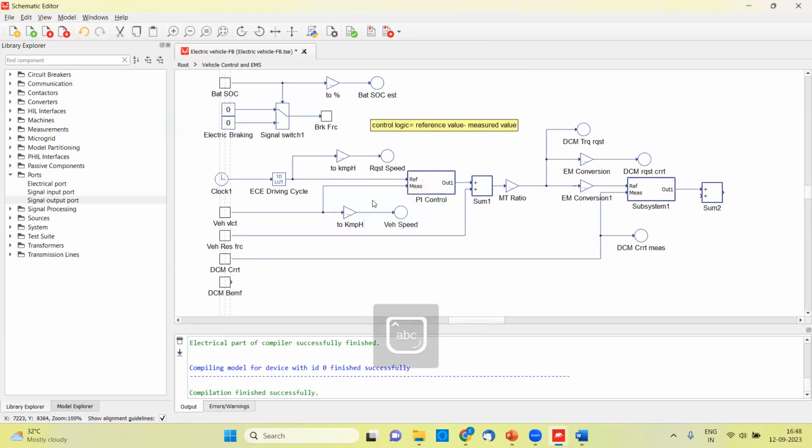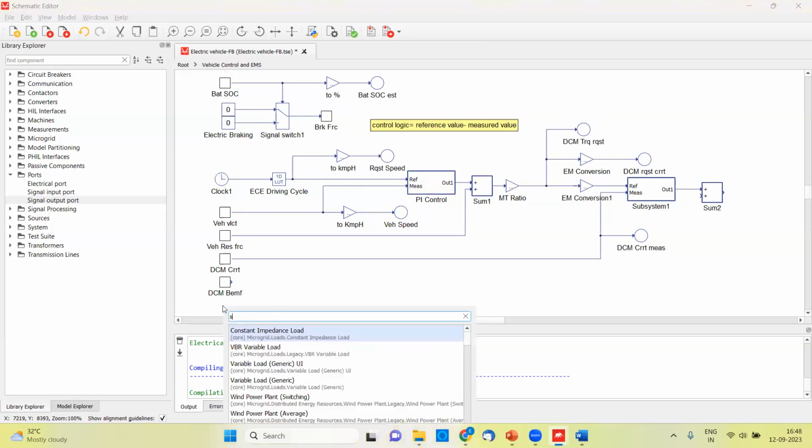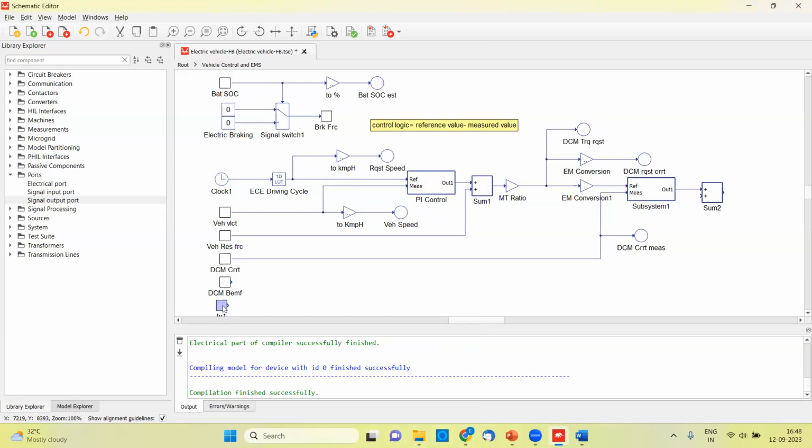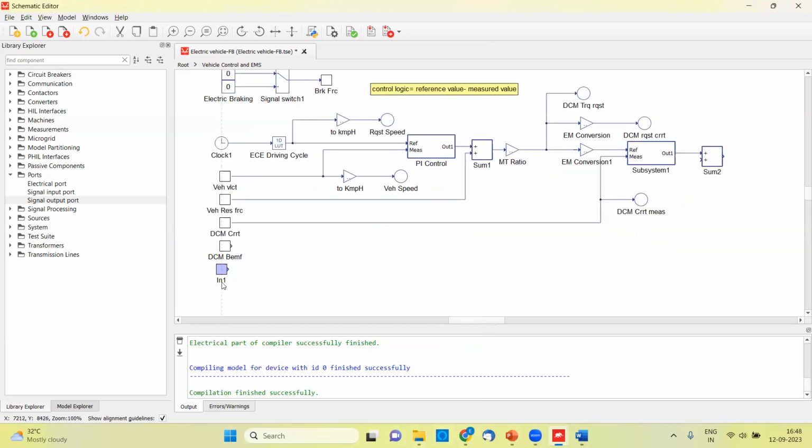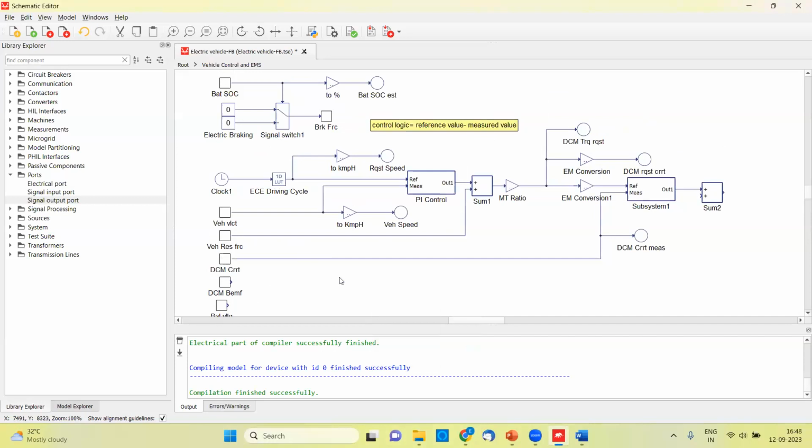So DCM back EMF, and then another signal input. The name was battery voltage. If you remember, I told in the beginning we have taken battery voltage 2 times because we are giving one part of that battery voltage in this particular block, and one we have provided in the motor drive unit.